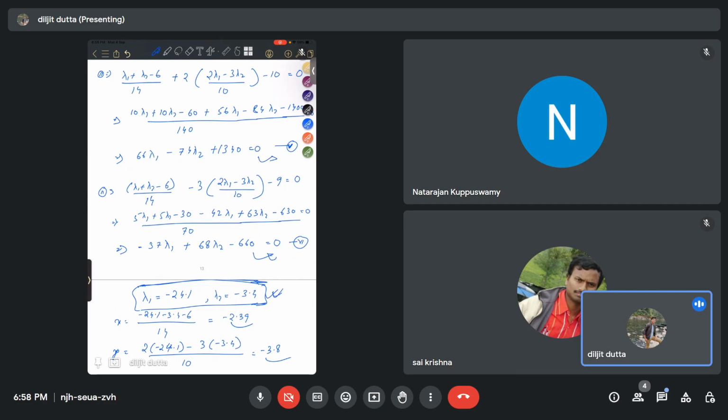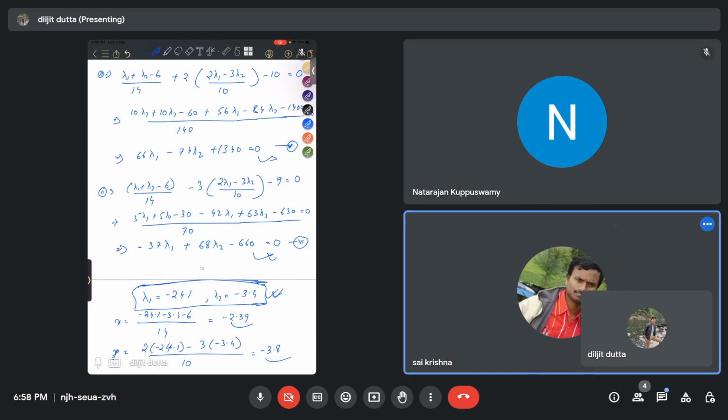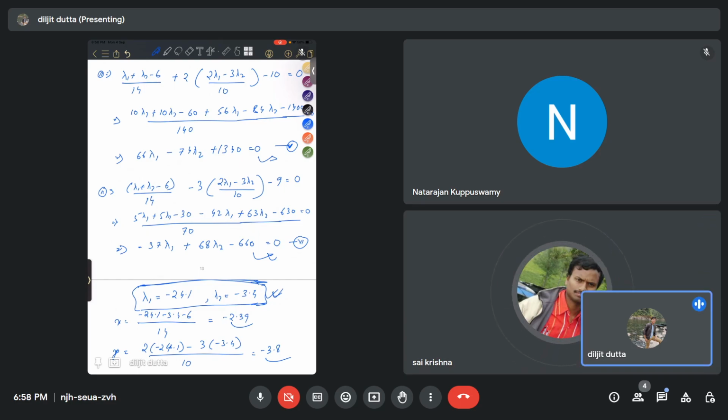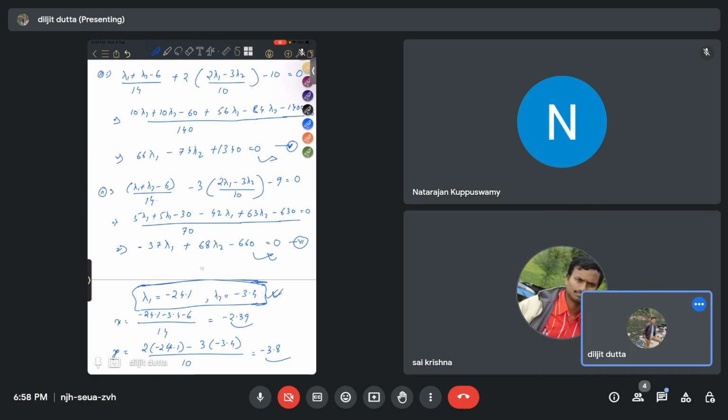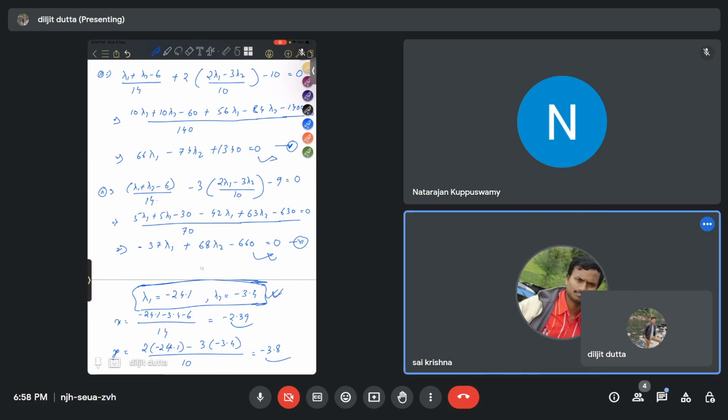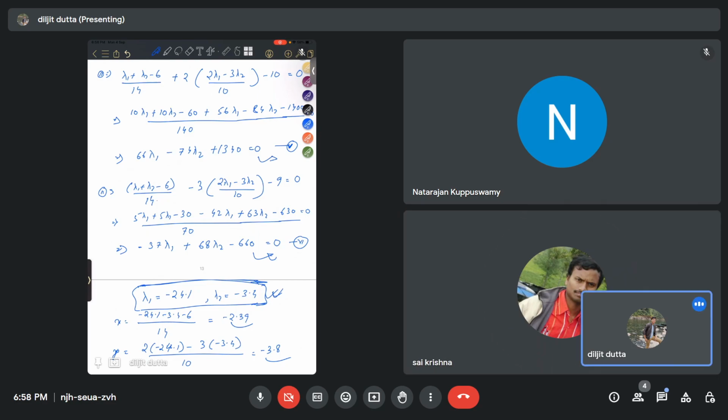This is fine, right? Okay, you are taking the compound, 14 into 5, so 70 is the denominator. So 5 lambda 1 plus 5 lambda 2 minus 5 sixes are 30. For 10 it will be 10 into 7, 7 twos are 14... 21 into 2 is 42 lambda 1 plus 21 into 3 is 63 lambda 2 minus 630.